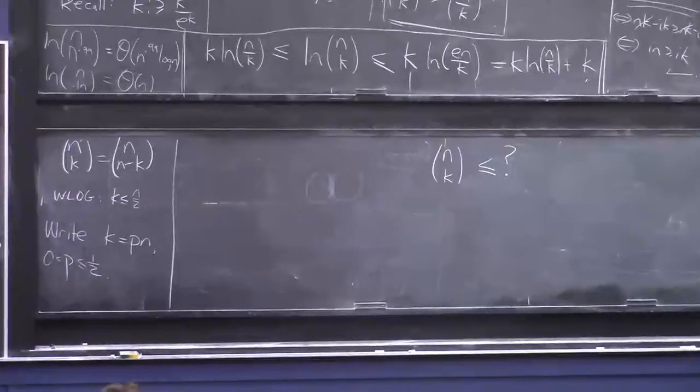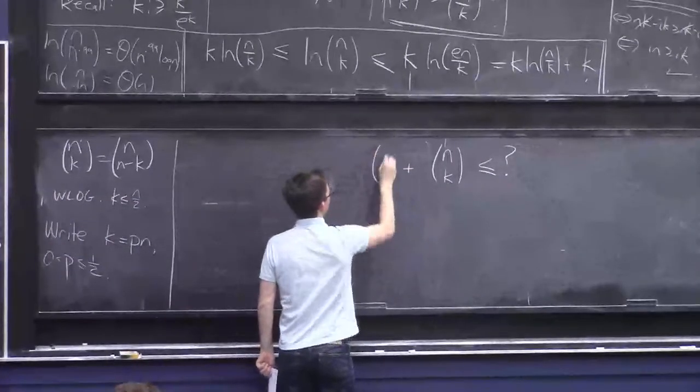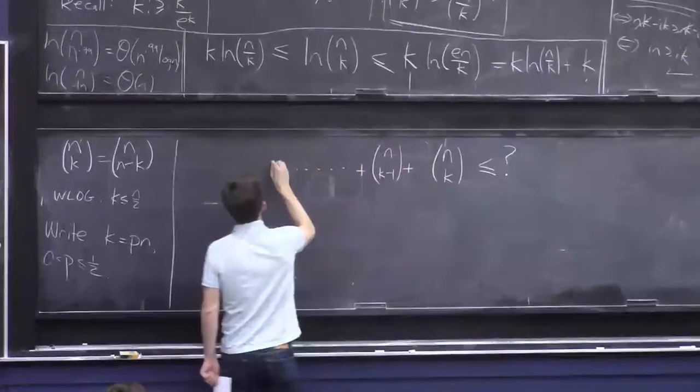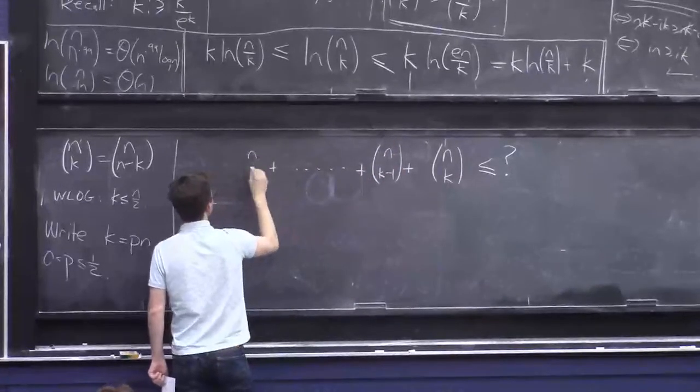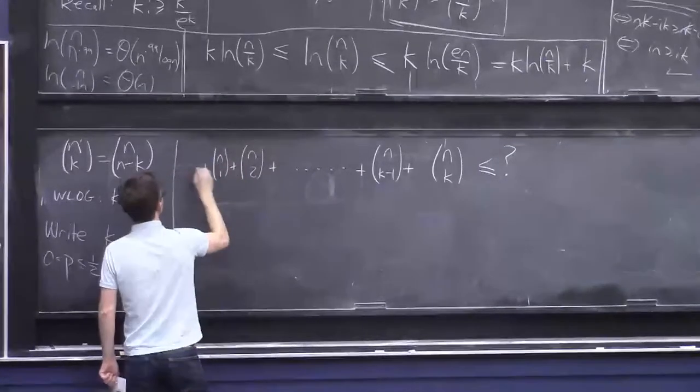And for this elementary ad hoc trick, I'm actually going to do you one better. I'm going to upper bound not only this, but actually this as well, plus n choose k minus 1, plus n choose 2, plus n choose 1, plus n choose 0.